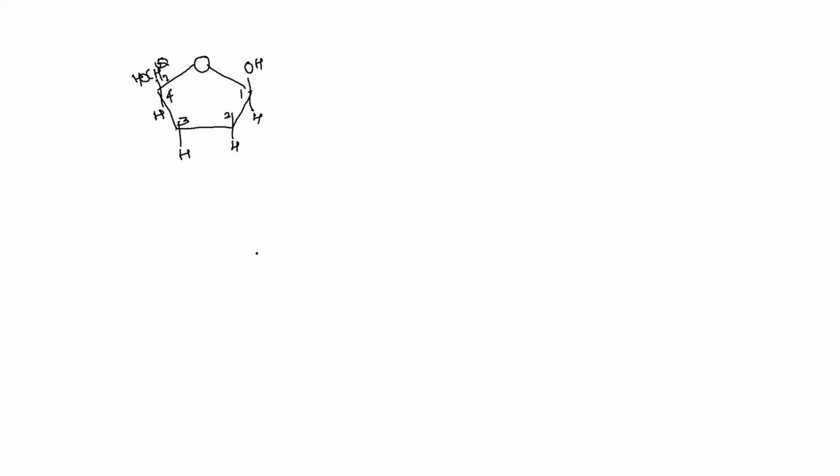Now let's talk about how it is going to form a phosphodiester bond. The sugars of these nucleic acids are not converted, but connected to one another by 3 prime to 5 prime phosphodiester bonds, or you can say linkages.